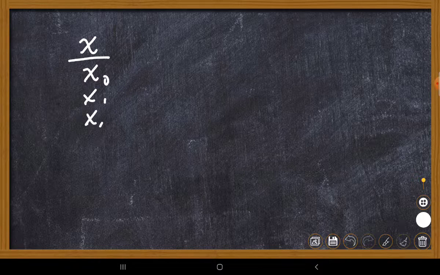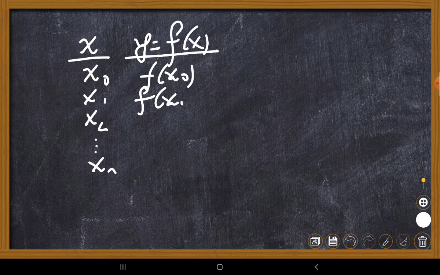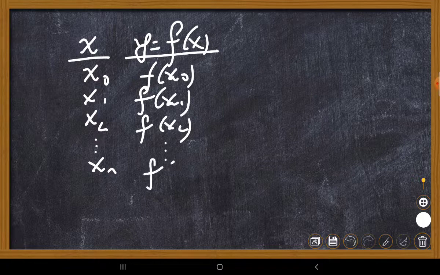Let me explain again. Suppose you have your x values as x0, x1, x2 up to xn, and then your corresponding y values or f(x) values will be f(x0), f(x1), f(x2), and so on till f(xn).